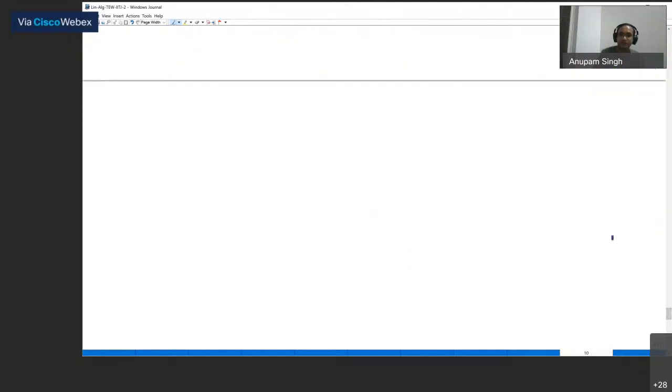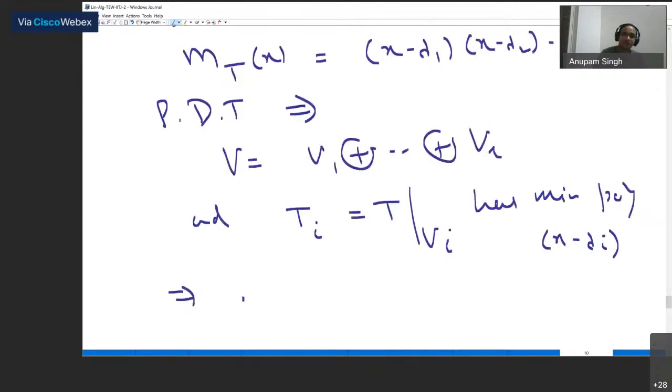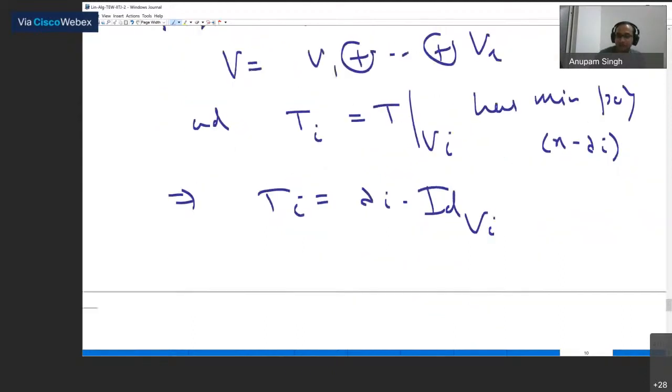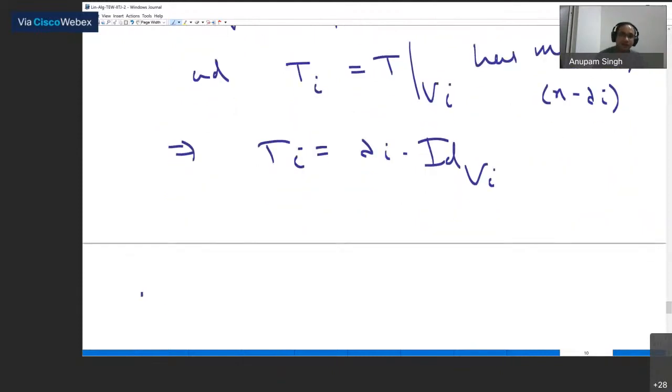This means that Ti is just a scalar multiple, right? So this means Ti is simply lambda i times the identity matrix on Vi. This is what it means, right? So this will actually prove the result which we had said earlier, that T is diagonalizable actually.